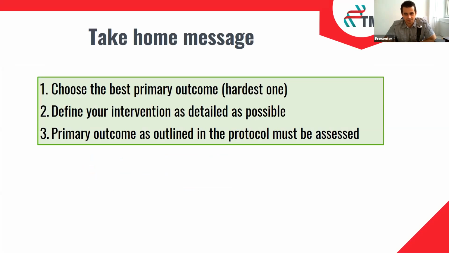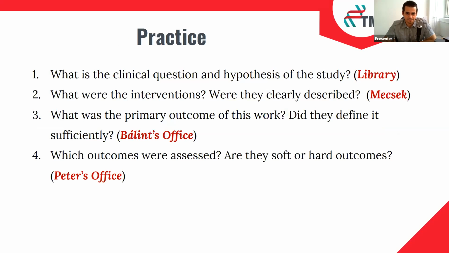Now, my take-home messages from this presentation are that you should always choose the best primary outcome, which is usually the hardest one. Define your intervention as detailed as possible, and the primary outcome, as outlined in the protocol, always must be assessed. Now let's move on to the practice. These are the following questions which we should answer.